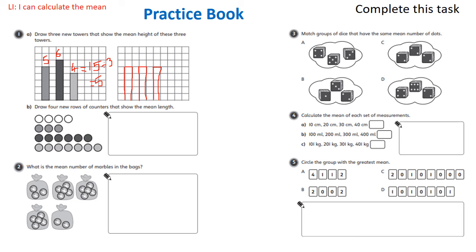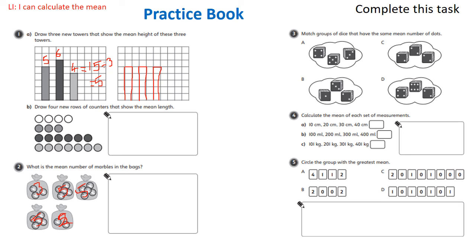Question 2. What is the mean of the number of marbles in the bag? So we've got to add them all up first of all. So we've got 3 and 5 and 5. Are you adding these up for me? And 5 and 5. Oh, and 2 rather. Sorry.